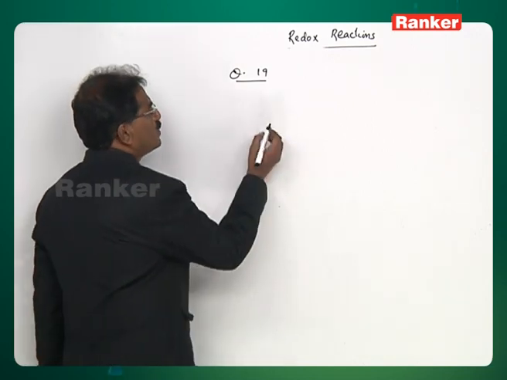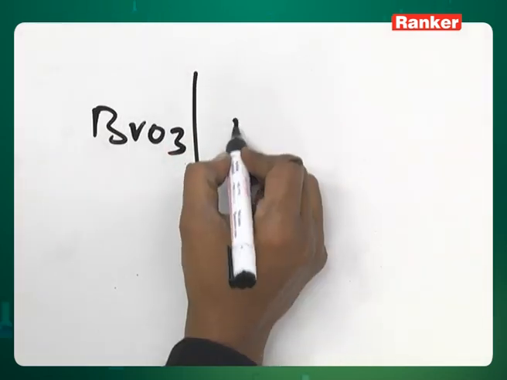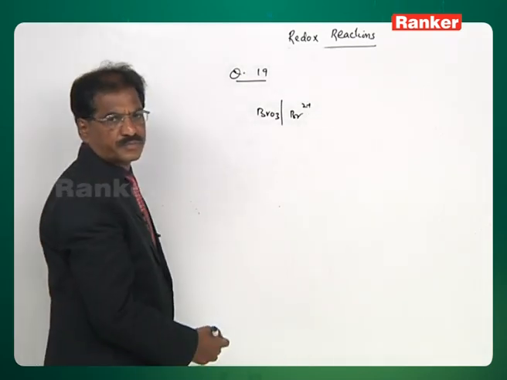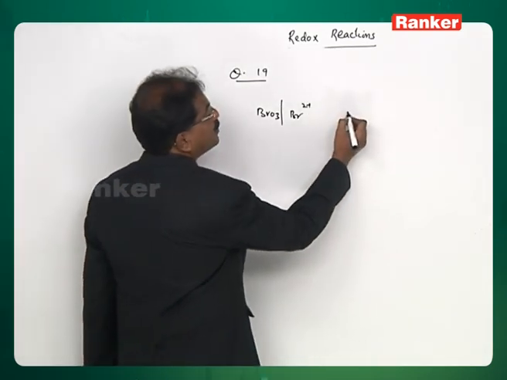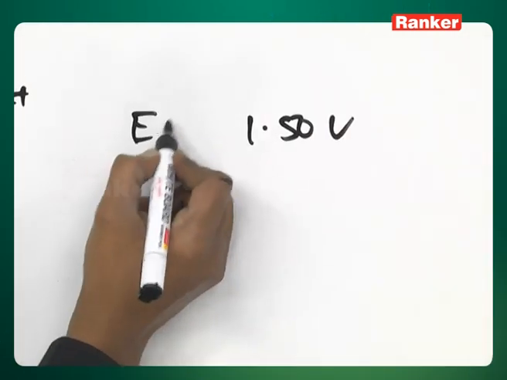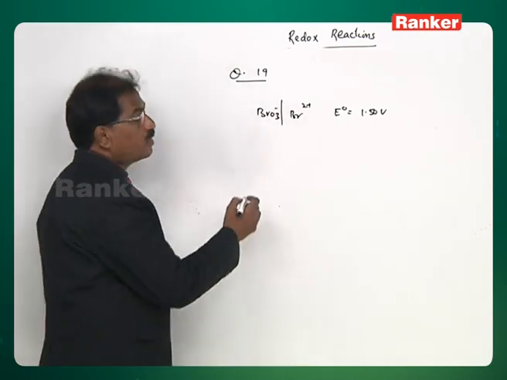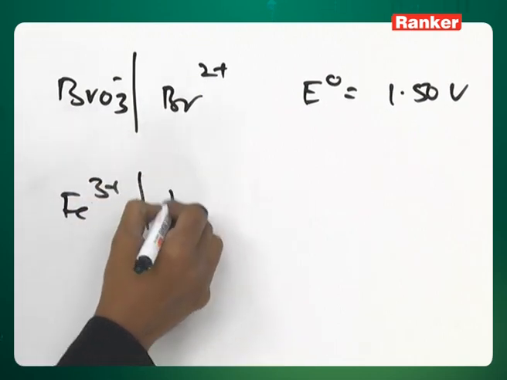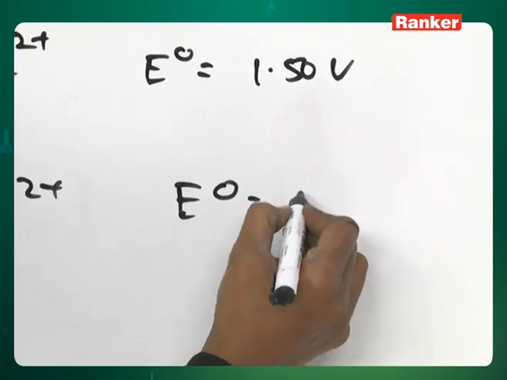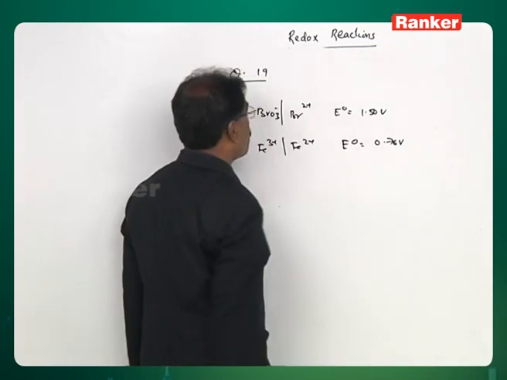See, in the first option, they have shown BrO3 minus going to Br2. Here the reduction potential given is 1.5 volts. Next, Fe3 plus to Fe2 plus. Here the reduction potential is 1.76 volts.